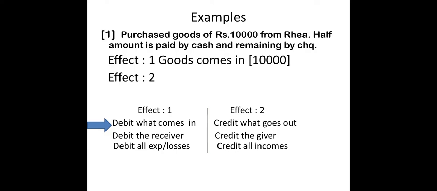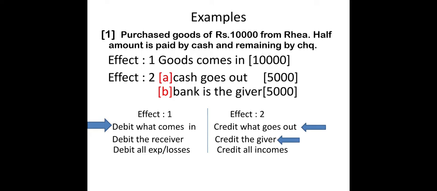Okay, so in effect number two, we have to apply two different options. Credit what goes out we can apply because cash goes out, and credit the giver also we can apply because the bank is giving the remaining 5,000. So we can write like this: effect number 2a. If there is more than one sentence, students, you can apply a and b. Okay, so in effect number 2a, cash goes out, and effect number 2b, bank is the giver.